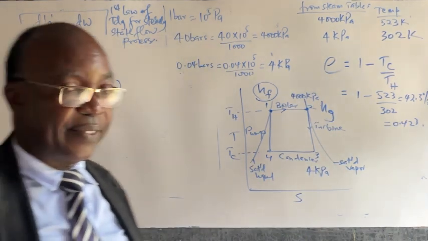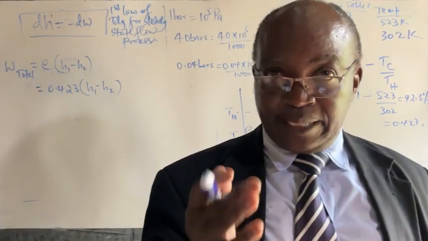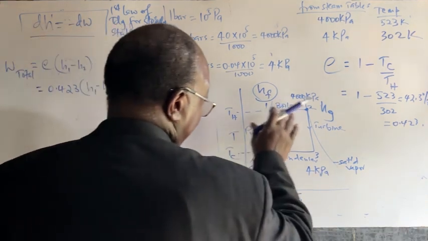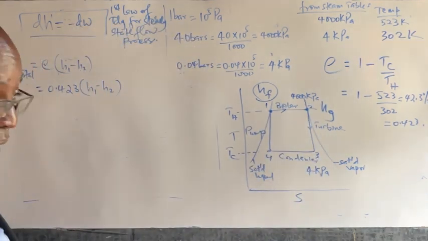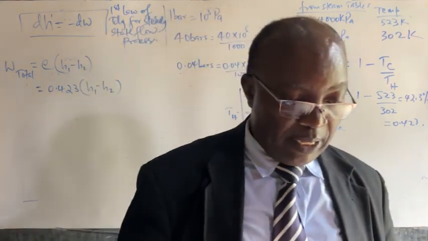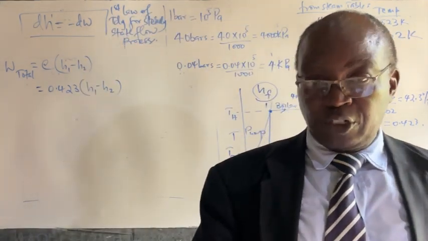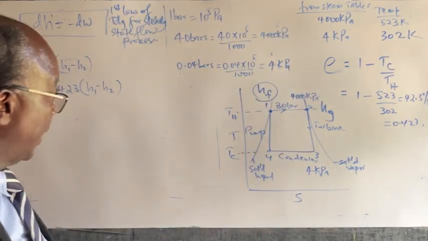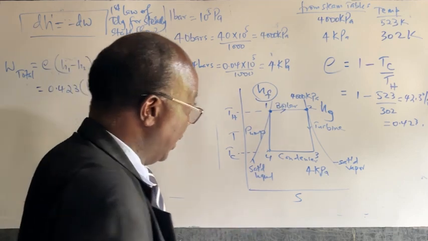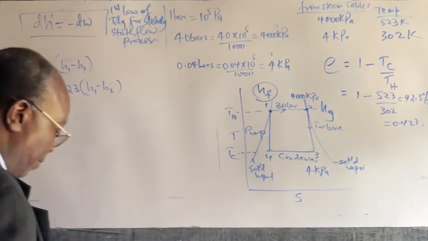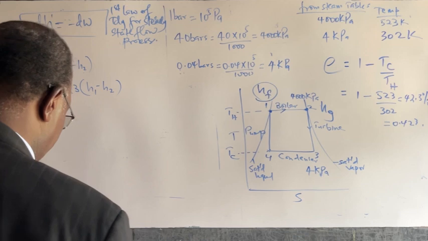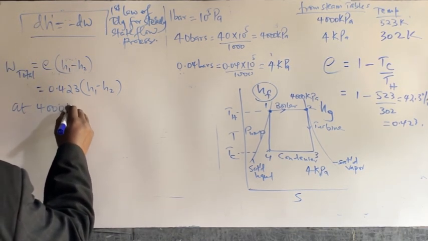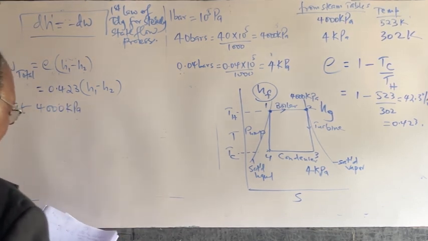And these values of enthalpy, we will get them again from the steam tables at 4,000 kilopascal. So go to your steam table, look at the saturation pressure at 4,000 kilopascal, and then you look at those columns. You'll see a column with Hf, that's for the liquid, and Hg for the gas.